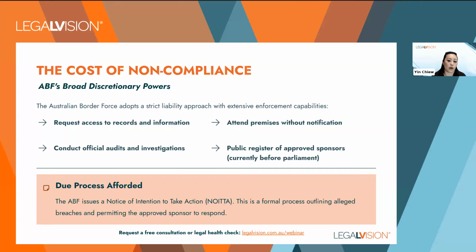And so when I outlined the sponsorship obligations, you could see there's about 10 of them, for instance. These are all specific obligations that must be complied with. So with the Australian Border Force, if they determine that an Australian business has breached one or some of those obligations, that will be considered an individual breach.